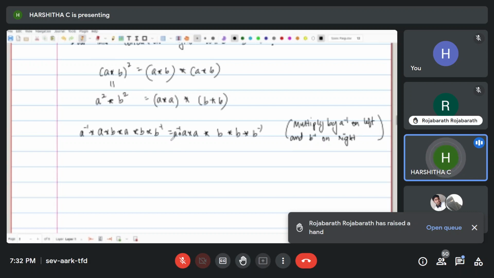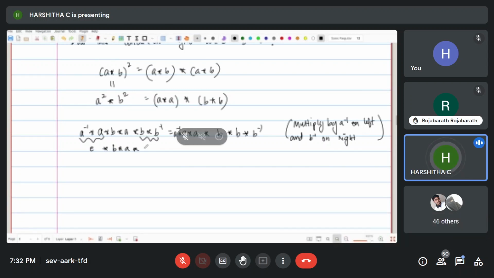This is exactly what we mean by saying cancellation. So this becomes identity star B star A. Okay, I've written an extra A, sorry. So this is identity star A star B, and this is identity. So we get B star A equal to A star B.